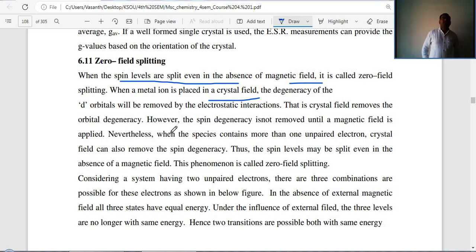In the lower energy set are dxy, dyz and dzx; in the higher energy level are dx square minus y square and dz square. That is, the crystal field removes the orbital degeneracy. However, the spin degeneracy is not removed until a magnetic field is applied.